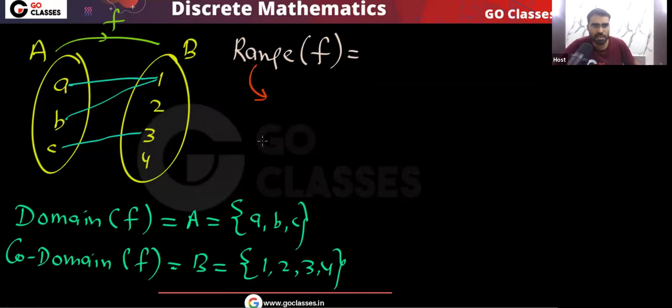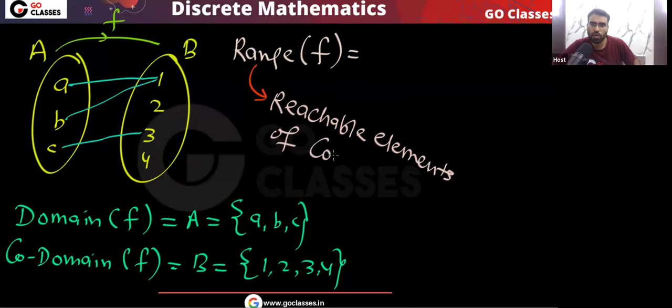Remember, range means the elements of codomain which are covered, the reachable elements of codomain. Which elements of codomain are in your range?